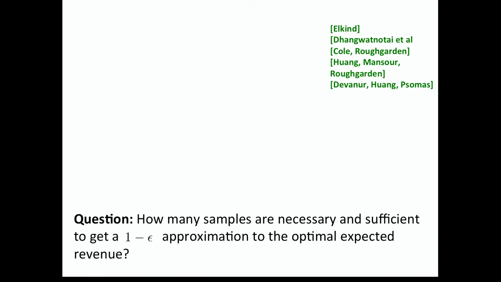Once you see that one sample is enough to get a 2 approximation, it naturally raises the question of how many samples are necessary and sufficient to get a 1 minus epsilon approximation to the optimal expected revenue. A recent, very exciting line of research is looking at the sample complexity question here, a la what Ellie told us about earlier in the week.